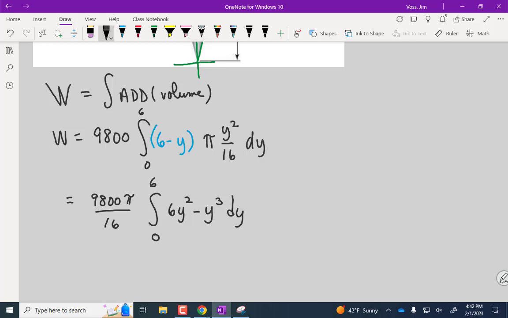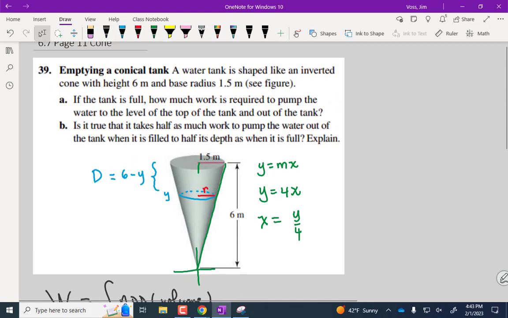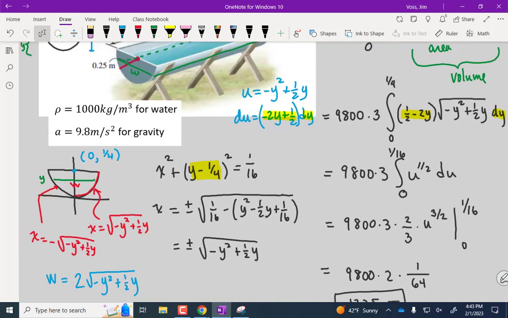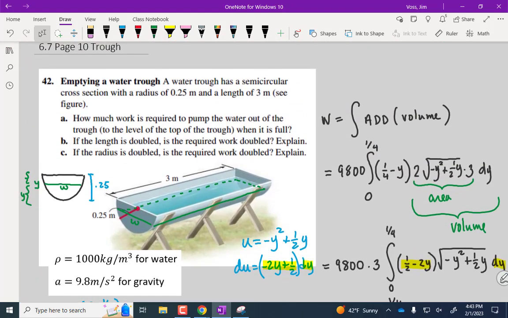How come in this one we used pi r squared to find the volume, but in the previous one we did the whole other long process? It all depends what your cross section is. The cross sections here are circles, so pi r squared is the area. The cross section in the previous one is not a circle; it's a rectangle. If we look at the face of the trough, the cross section goes this direction, and we go all the way back, that builds a rectangle.